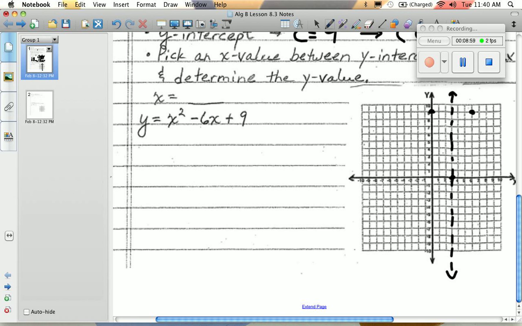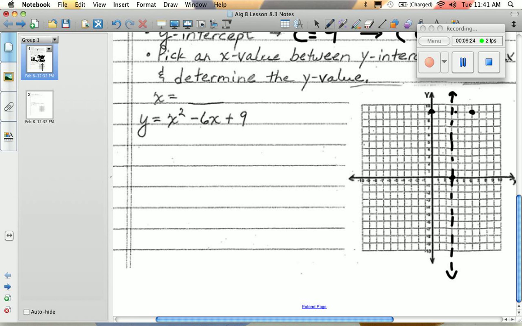And we didn't have to do anything but count. It is 3 units away to the left, so we go 3 units to the right. Symmetric points have the same y value. What's that one's ordered pair name? (6, 9). Okay. So if we made a table, it would actually be in there.